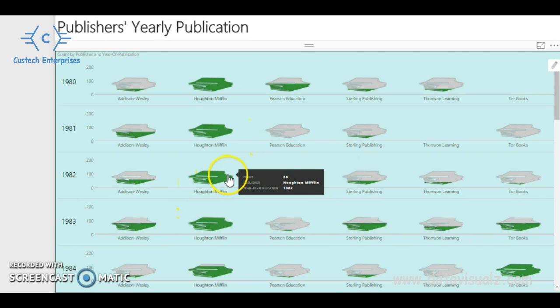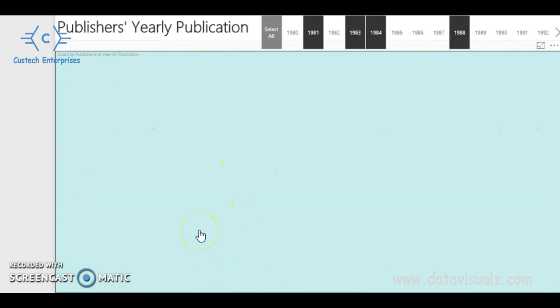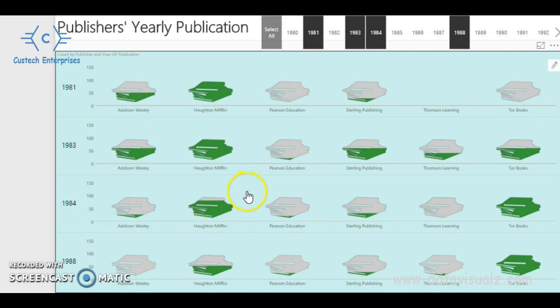So when we go about further improving this visual, now there is another visual created, and it also has yearly filters. So I can see only the information that I have selected as yearly filters. I can clearly see that in 1981, Houghton was giving more publications, but I cannot see which is the second publisher, which is the third publisher, or fourth publisher.